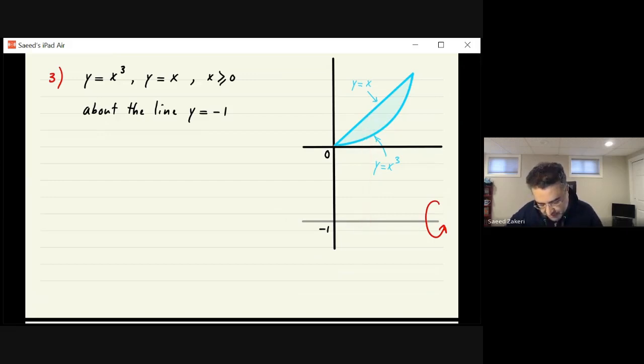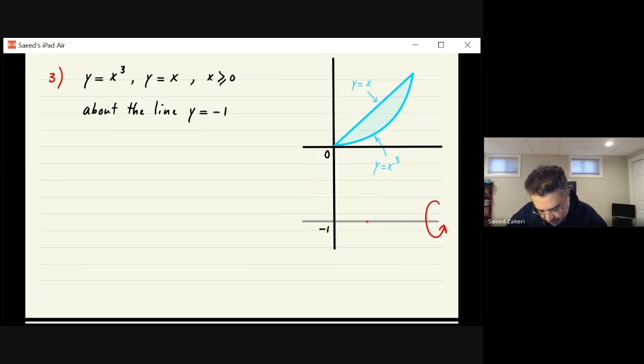So what are those? If you pick some x, if you look at the distance between these graphs and the line on the axis of rotation, this distance is just x plus this extra distance, which is 1. This extra distance is 1.